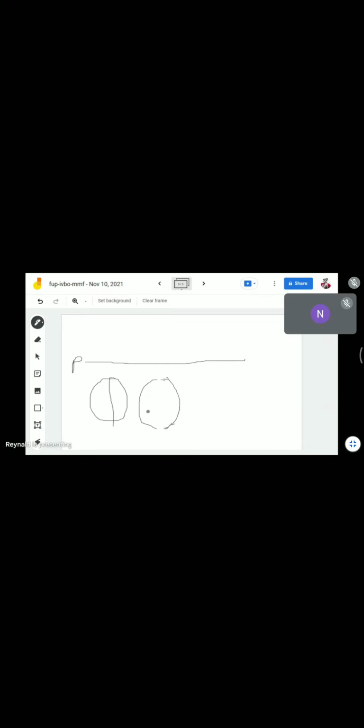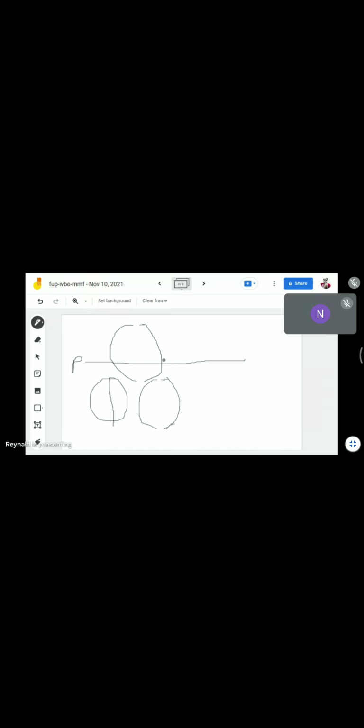Now, dito sa ating parts, so principal axis, so halimbawa, ilagay natin dito yung spherical mirror. Suppose hinati natin. So we have here the concave mirror and we have here the convex mirror.